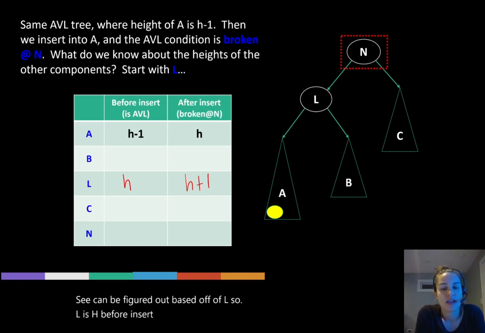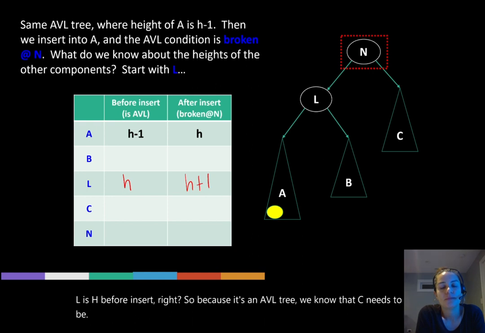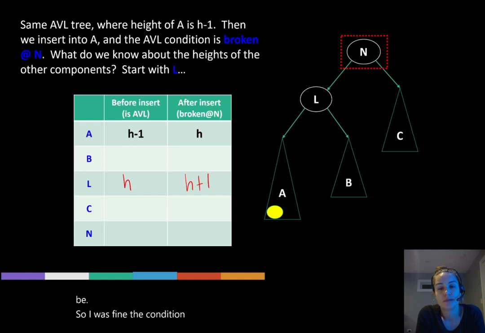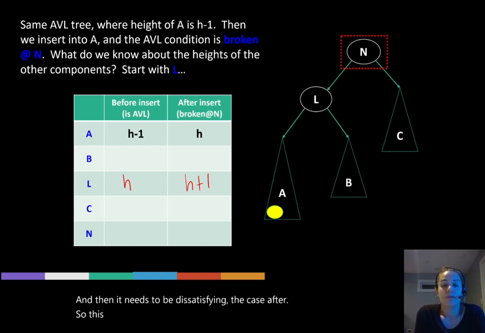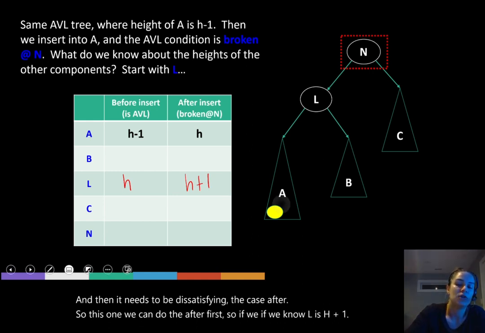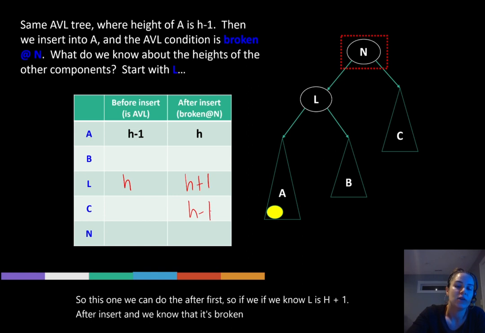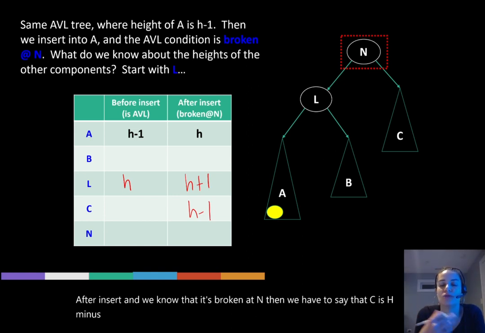So because it's an AVL tree, we know that C needs to be satisfying the condition before, and then it needs to be dissatisfying the condition after. So this one we can do the after first. If we know L is h plus 1 after insert, and we know that it's broken at n, then we have to say that C is h minus 1 because we know that it had to have broken.